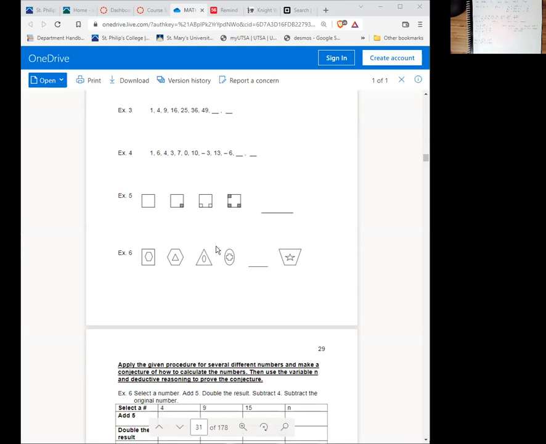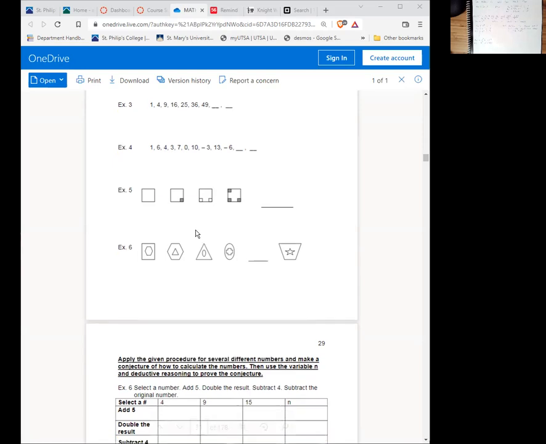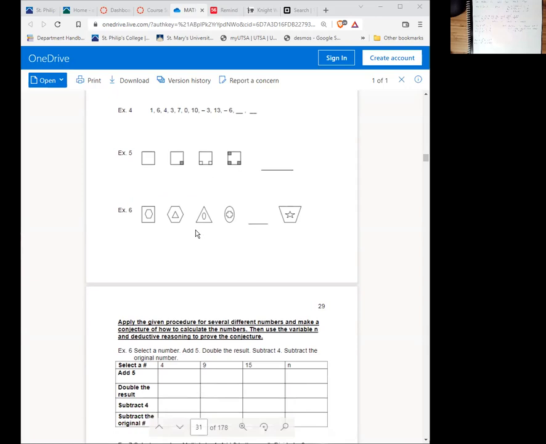So here we have some that are dealing with shapes instead of numbers. But let's go ahead and move on.